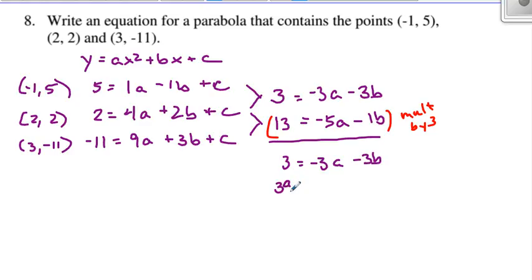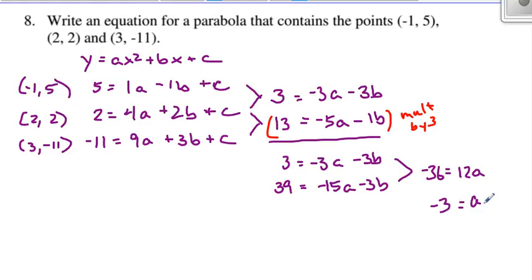So 39 equals negative 15a minus 3b. And then I'm going to subtract those. So 3 minus 39 is negative 36. Negative 3 minus negative 15 is going to give me positive 12a. And of course the negative 3b's cancel, and a therefore is negative 3.